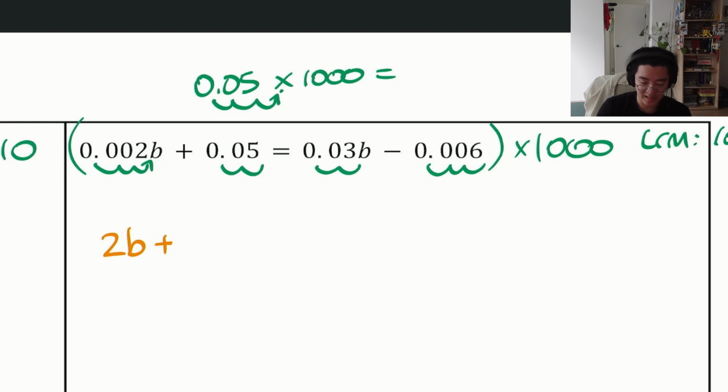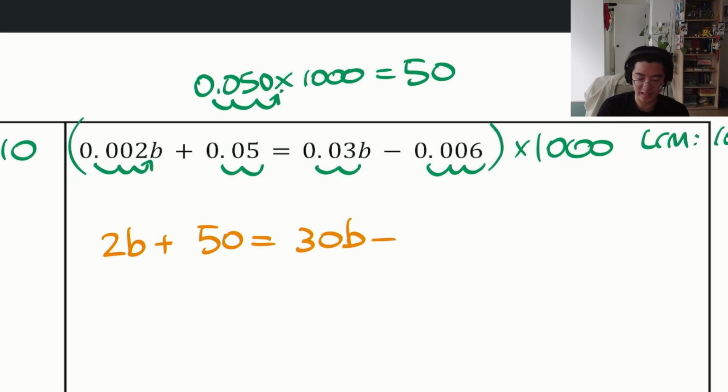We actually get a gap there, so it's actually 50. Same as 0.03b. This is 30b, and I got 3 decimal places here, so 6.